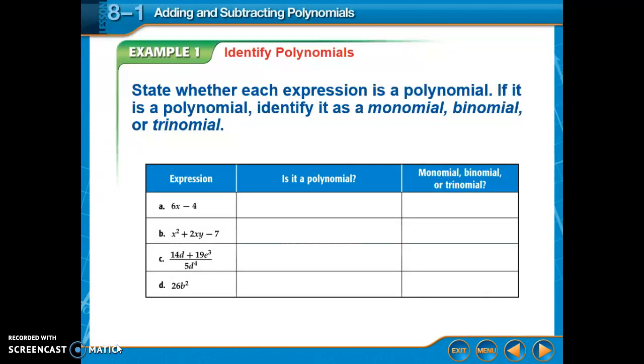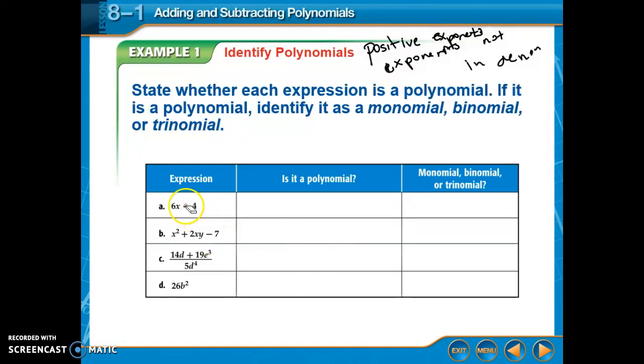All right. So, state whether the expression is a polynomial. If it is a polynomial, identify it as a monomial, binomial, or trinomial. So, in this problem here, a polynomial needs to have all positive exponents and no exponents in the denominator. Not in denominator.